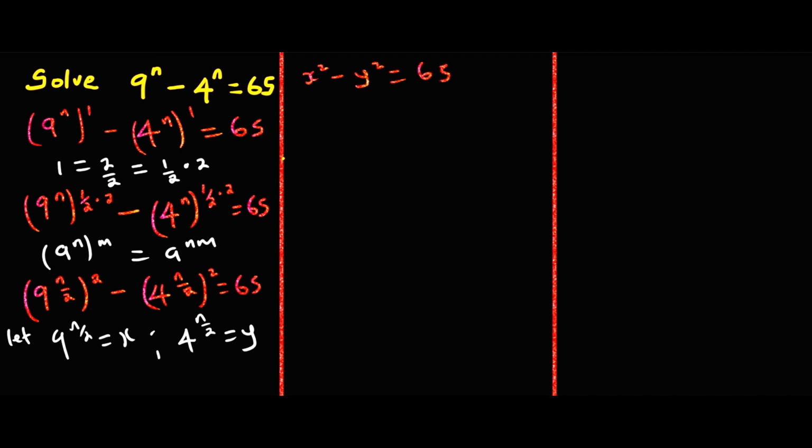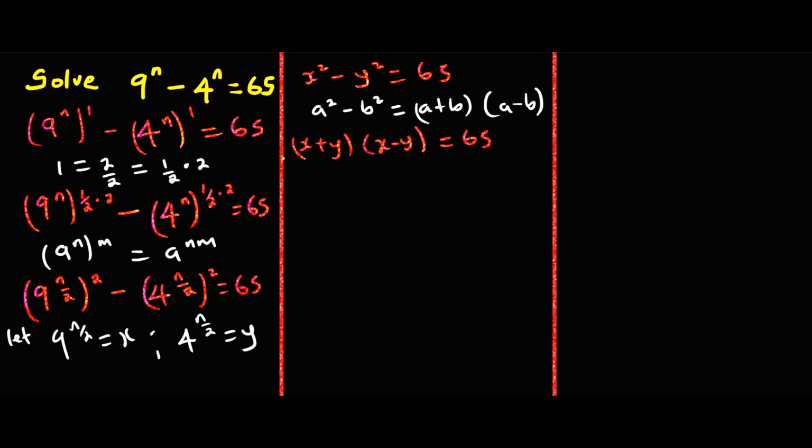So remember, according to the quadratic identities, if you have a difference of squares, that is a squared minus b squared, that is the same as having a plus b times a minus b. So it means our equation can be written as x plus y times x minus y is equal to 65.